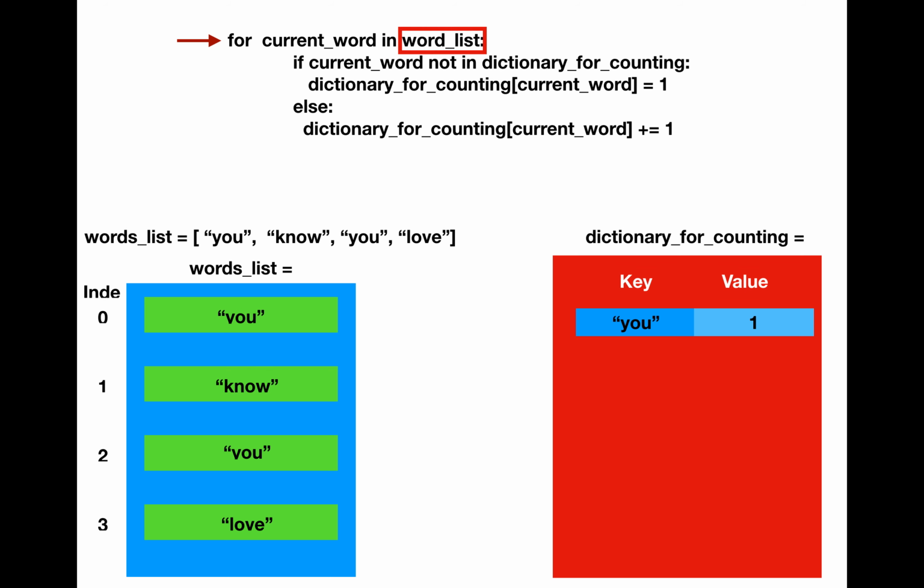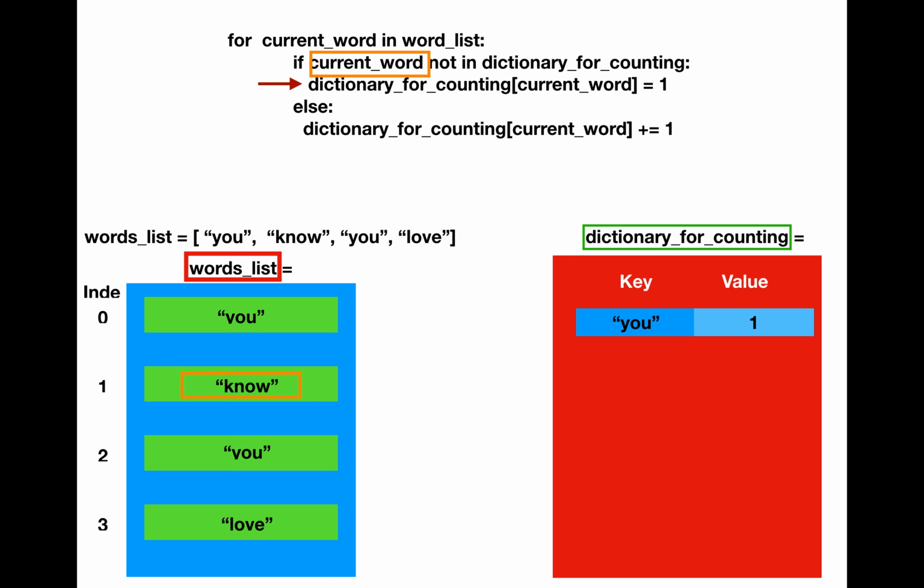And again, we look at our word list again. We look for the current word inside of this list. Because we've already done index 0, we're now going to move on to index 1. And in this case, it's going to be the string no. We're going to create our check again. We're going to say, in the dictionary for counting, the current word, which happens to be the string no, is it in it?